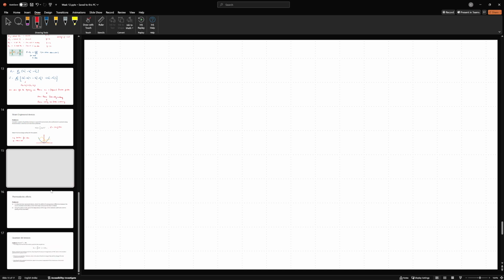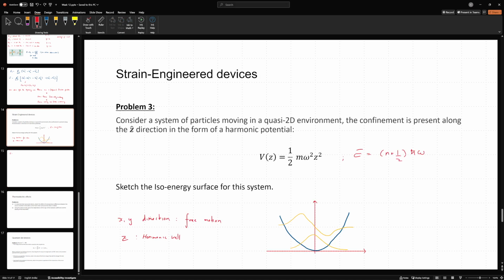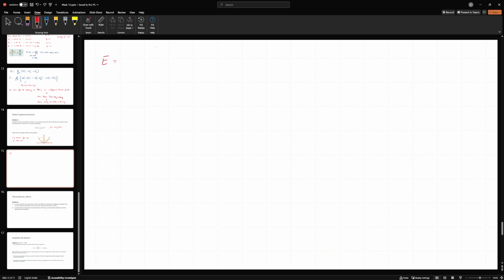So we are down to, as you can see, the last two questions, one for the thermoelectric effect and the other for the quantum dot devices. So E is equal to, remember this is free motion, so there is no energy quantization here. Energy can vary continuously.